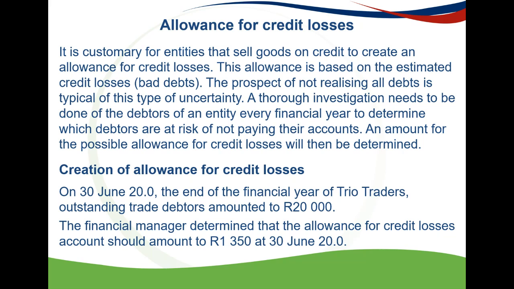The prospect of not realizing all debts is typical of this type of uncertainty. A thorough investigation needs to be done of the debtors of an entity every financial year to determine which debtors are at risk of not paying their accounts. An amount for the possible allowance for credit losses will then be determined.